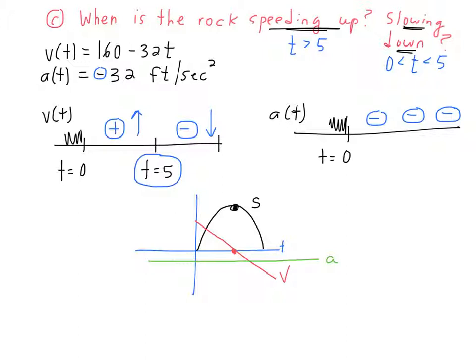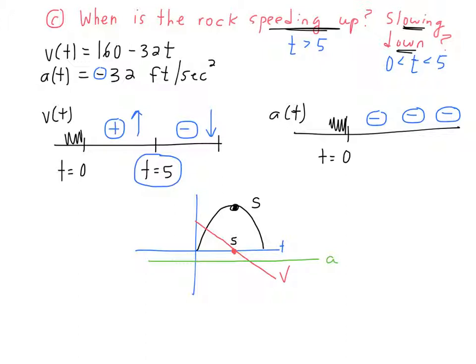It's also interesting to take a look at the graph of all three of these graphed at once. I've graphed our s function in black, the velocity in red, and the acceleration in green. At this point right here, t is 5.